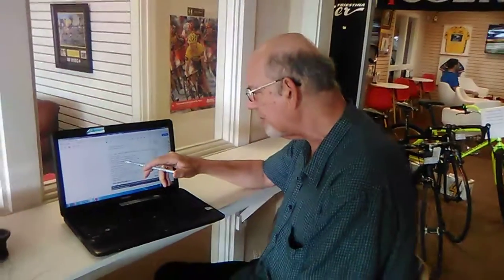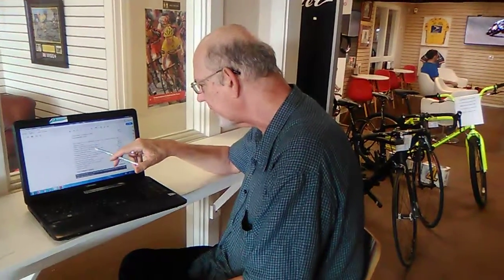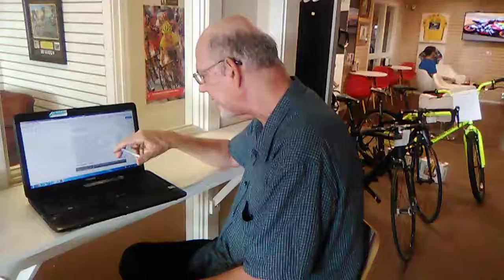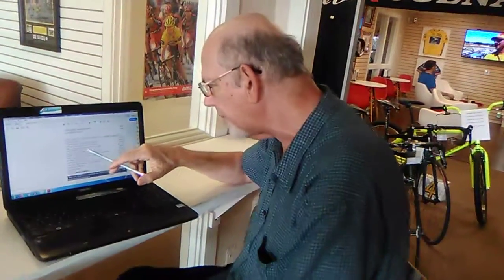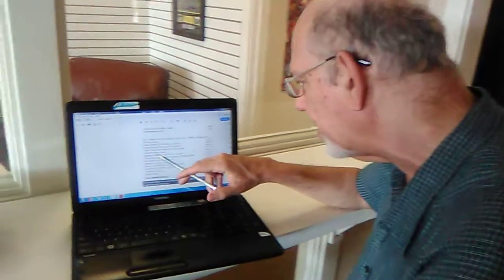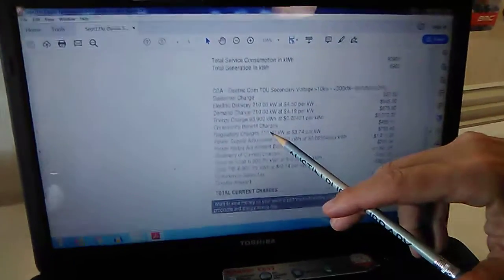That's called electric delivery. The second time it appears is as demand charge, 210 kilowatts at $4.19. That's the second component. And the third component, you've got to go down a couple to regulatory charges. Once again, the product of 210, and this time at $3.74 per kilowatt.